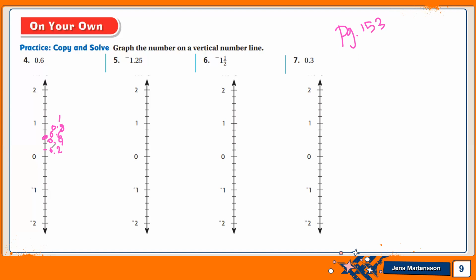How will you do it? You just count by 0.2: 0, 0.2, 0.4, 0.6. So here will be 0.6. Thank you, Jana.